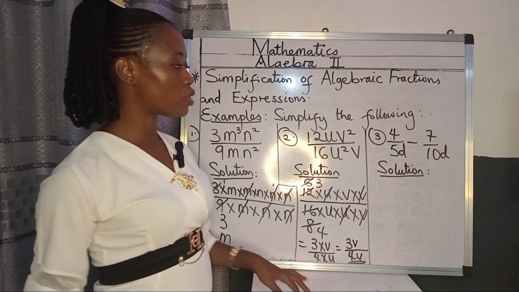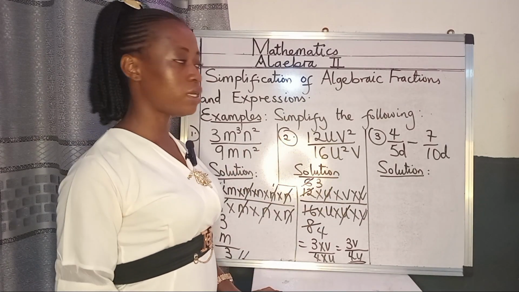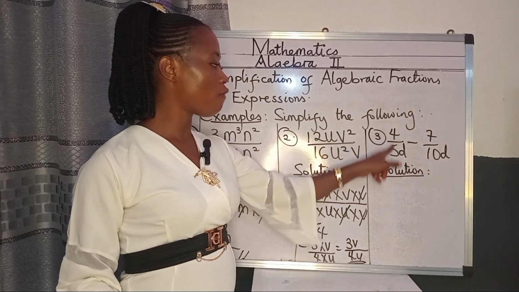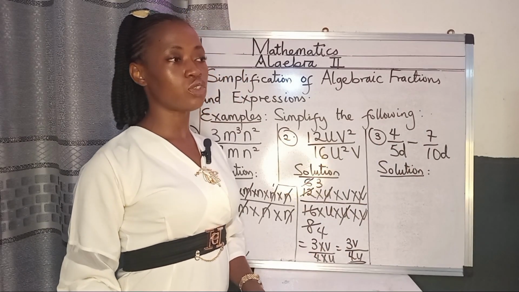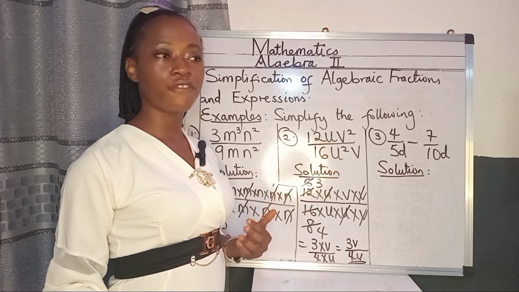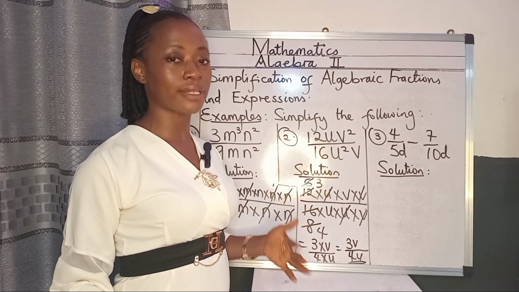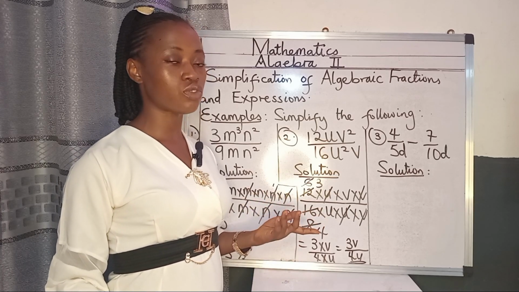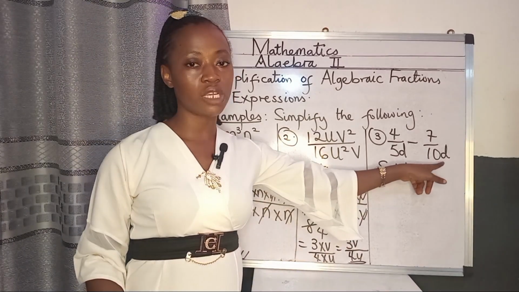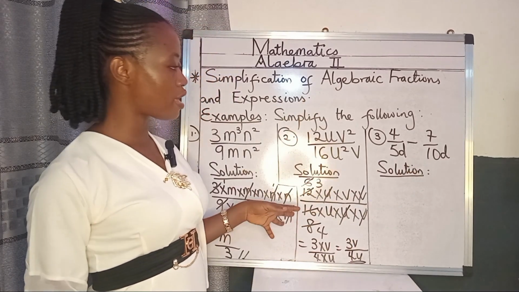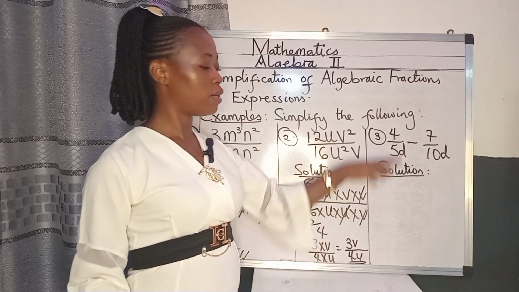Are you listening? If you look at this, you have 4 over 5d minus 7 over 10d. Now, these are unlike fractions, just like the way you add and subtract unlike fractions, you find the LCM of the denominators. So let's clean off here so we will have space to work on that.